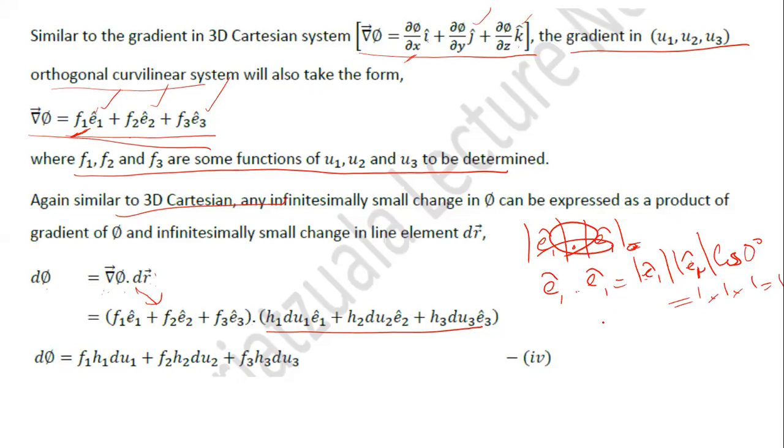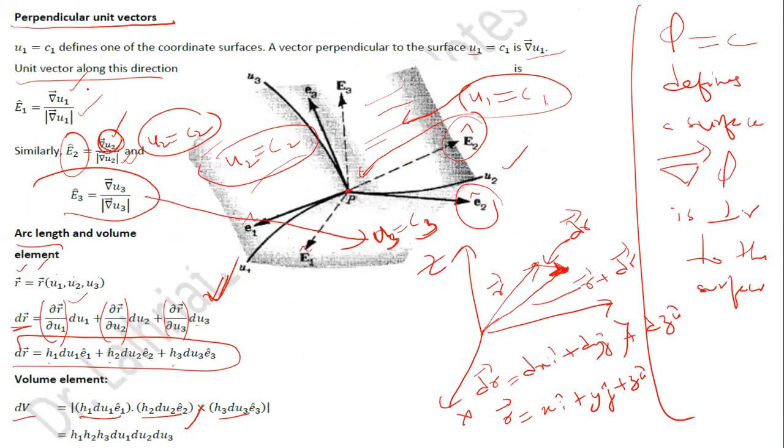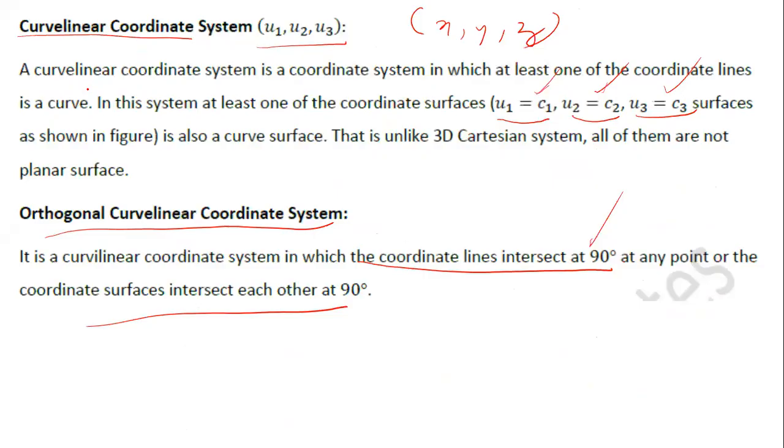if it is an orthogonal curvilinear system, how do we define an orthogonal curvilinear system? If you remember, we define it as a curvilinear coordinate system in which the coordinate lines intersect at 90° and the coordinate surfaces intersect at 90°.